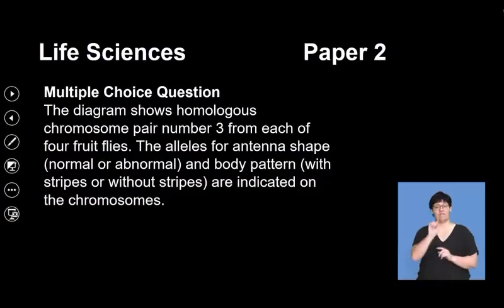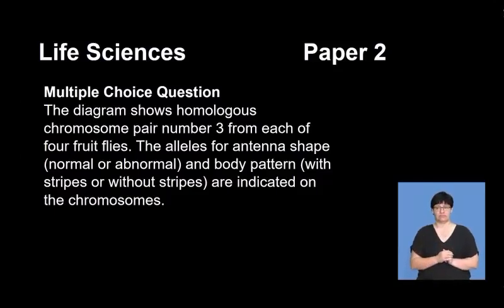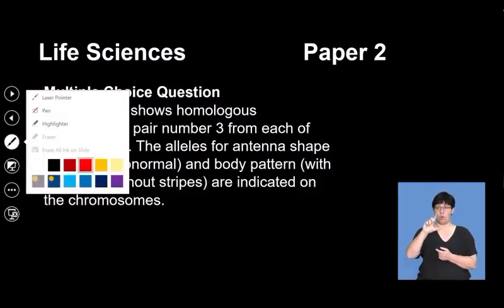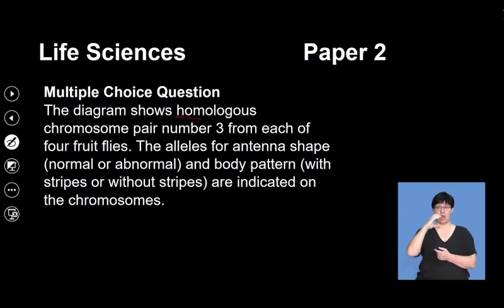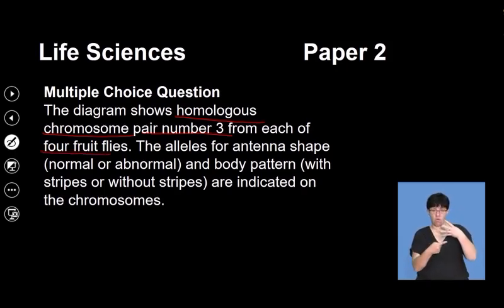So the first question refers to the following. The diagram shows homologous chromosomes. So guys, the concept of homologous chromosomes, remember, similar shape and having genes at the similar position. With a pair of number 3 from each of 4 different fruit flies, the alleles for the antennae shape, normal or abnormal, and the body pattern, with stripes or without stripes, are indicated on the chromosomes.